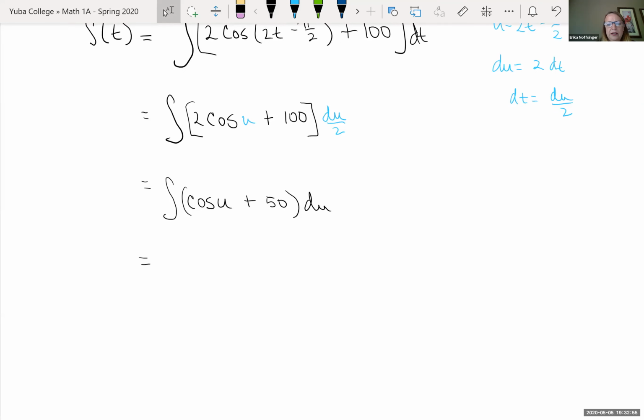Okay, so go through now and take the antiderivative of each piece. Antiderivative of cosine of u is sine u, plus the antiderivative of 50, which is 50u, plus c.